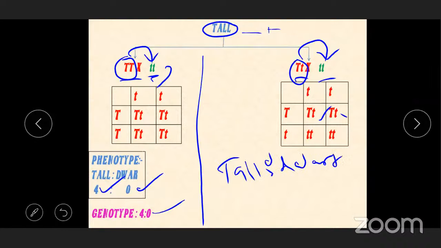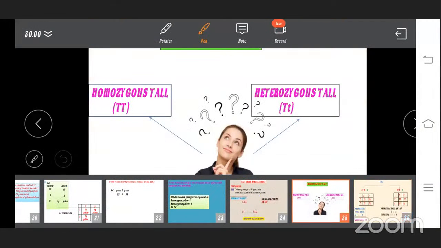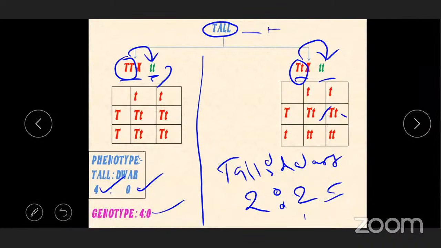How many tall are there? 2. How many dwarf? 2. So 2:2, which is nothing but 1:1.